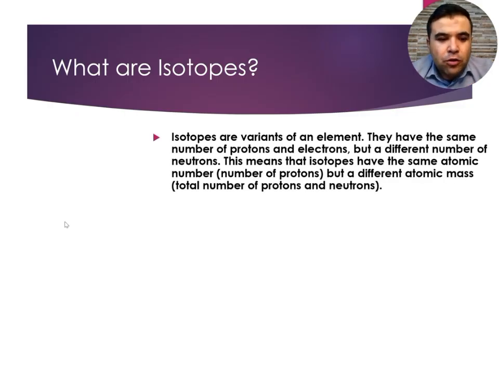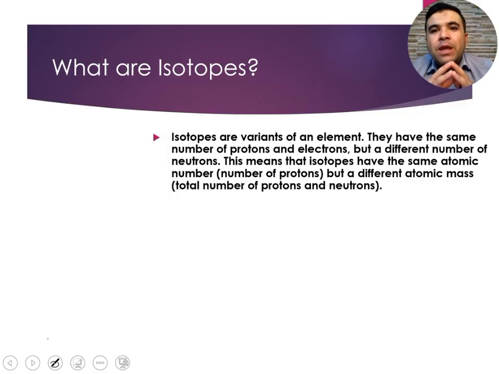Guys, whenever we mention the isotope in chemistry, we mean an element that has different atoms with the same protons but different number of neutrons.